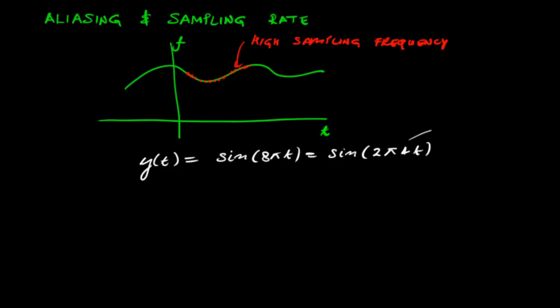This continuous signal has a frequency of 4 Hz. What we want to know is the frequency at which I should sample this signal so that the DFT can find its true frequency.